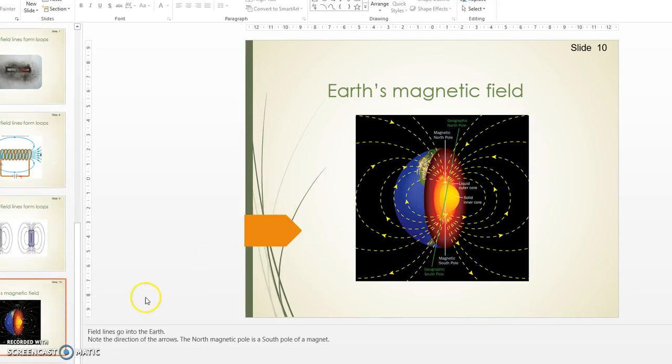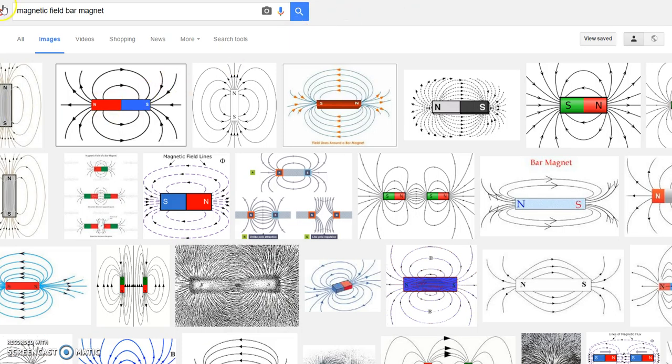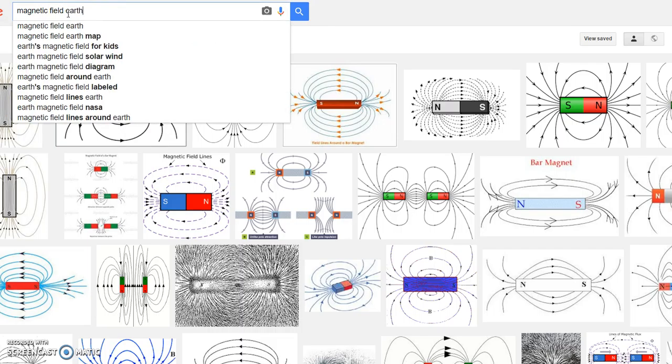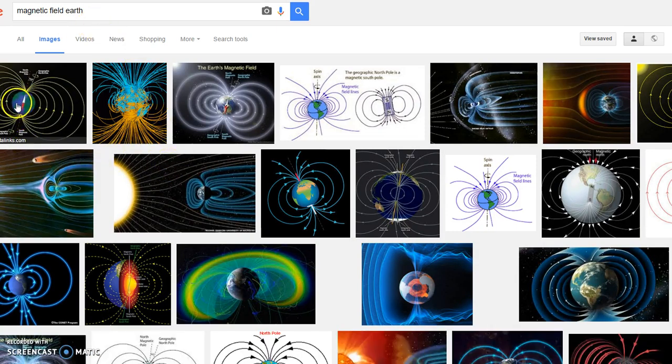Okay, so the last point I'd like to make is about the Earth's magnetic field. Once again, there's a major problem with Google in that most images of the magnetic field of the Earth don't show the field lines going through the Earth.